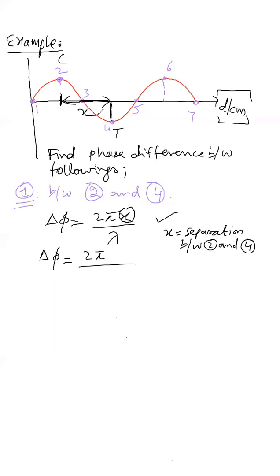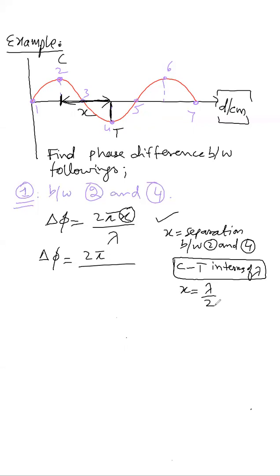So what is distance between crest and trough in terms of lambda? Tell me your answer. Loudly, I'm not hearing your voice. Yes, you're right. Actually, this x is equivalent to lambda by 2.